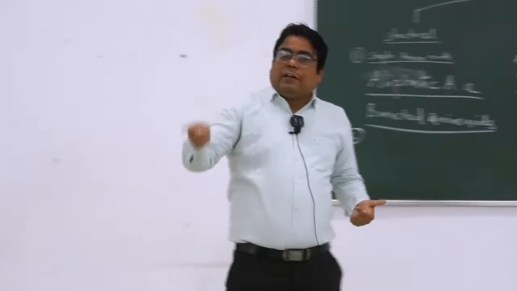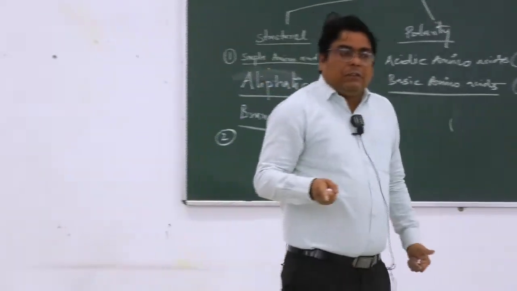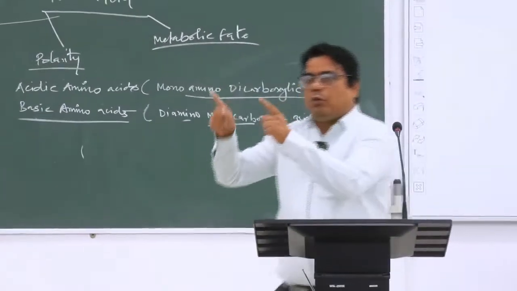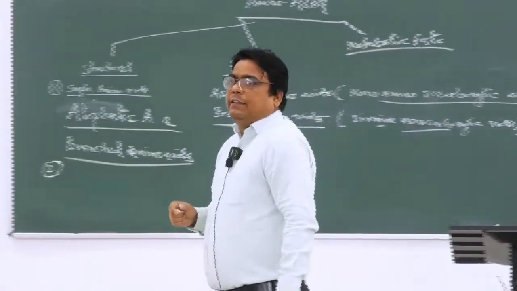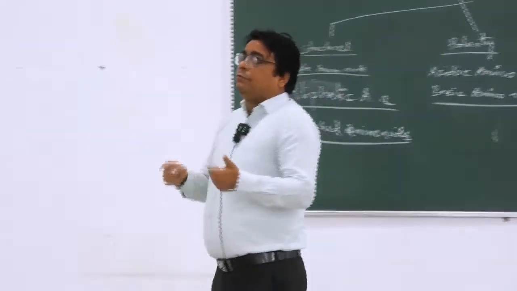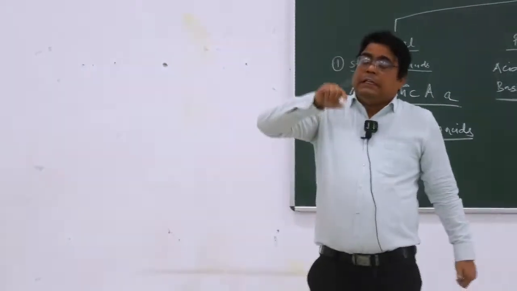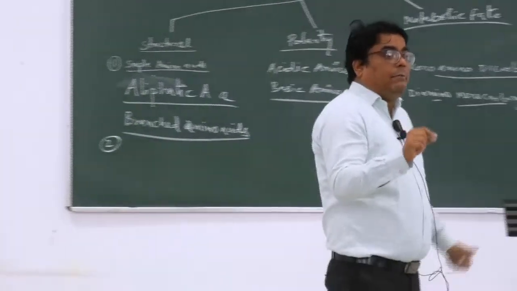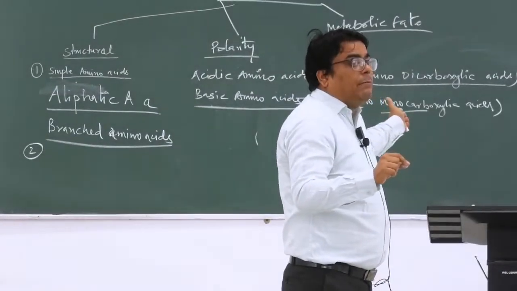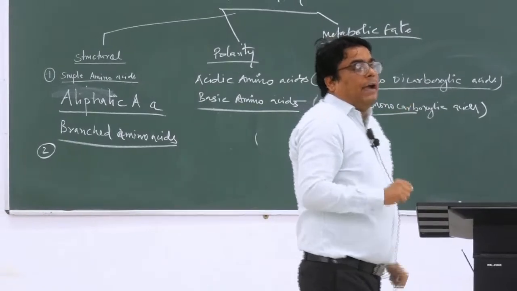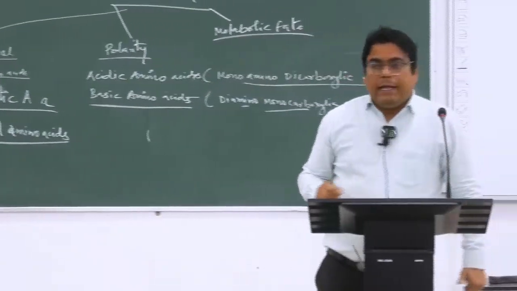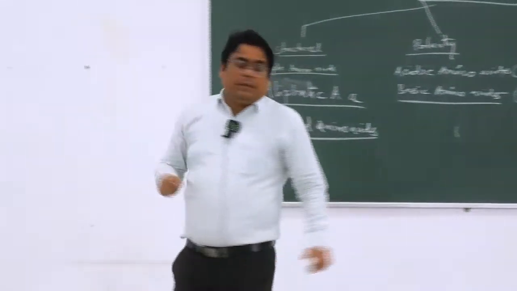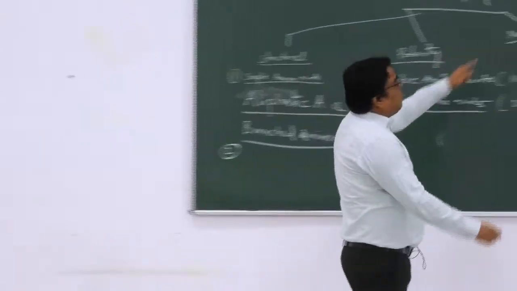Ketogenic means formation of ketone bodies. The rest of the amino acids can participate in the formation of both molecules. Gluconeogenesis is the formation of glucose from non-carbohydrate moieties, which here are amino acids. Ketogenic amino acids are helpful for ketone body formation. That is classification on the basis of metabolic fate.